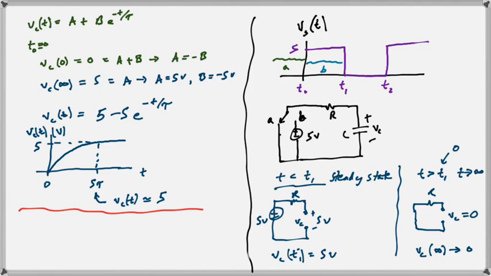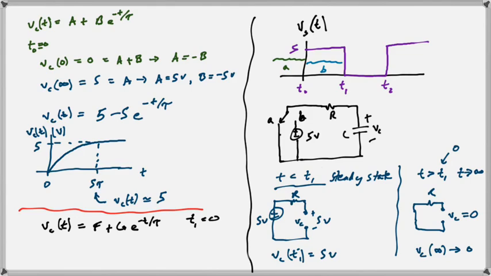So let's write. We have a new time segment. So VC of t, where now t1 is our 0. Actually, let's use different symbols: f plus g e to the negative t over tau.